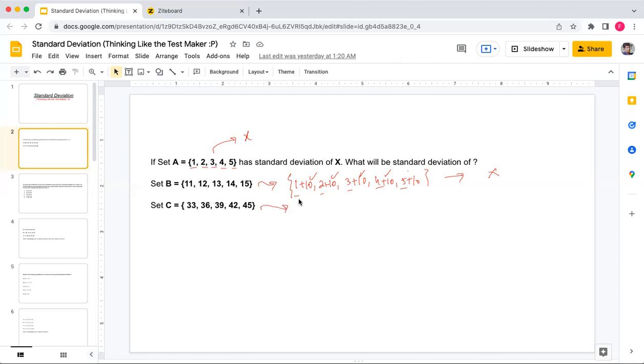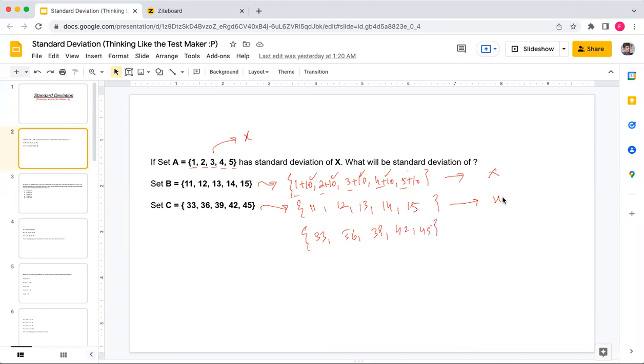And if you see set C, in set B we have 11, 12, 13, 14, and 15 having standard deviation of X. Now you are multiplying each element by 3. 3 into 11 is 33, 36, 39, 42, and 45, right?